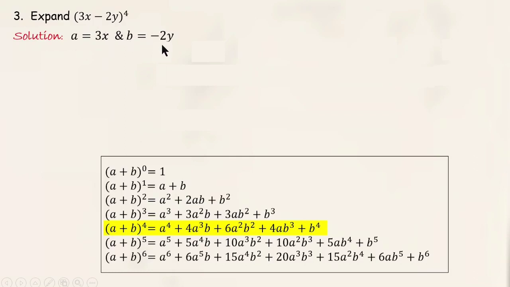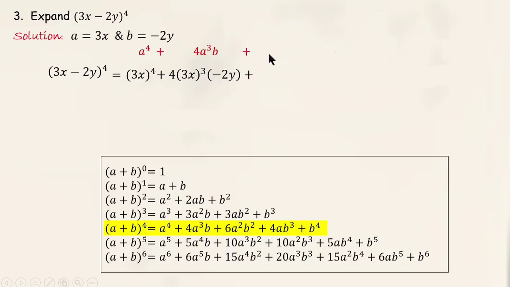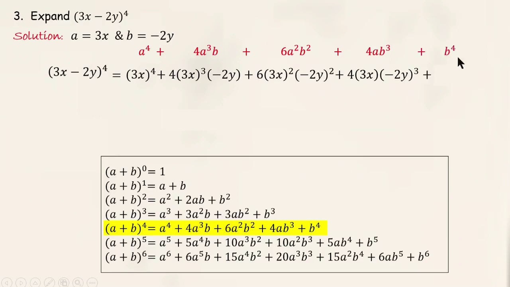So this is equal to a raised to 4, where a is equal to 3x, plus 4a raised to 3 times b, which is equal to 4 times 3x raised to 3 times negative 2y, plus 6a squared times b squared, or 6 times 3x squared times negative 2y squared, plus 4a times b raised to 3, or 4 times 3x times negative 2y raised to 3, plus b raised to 4, or negative 2y raised to 4.